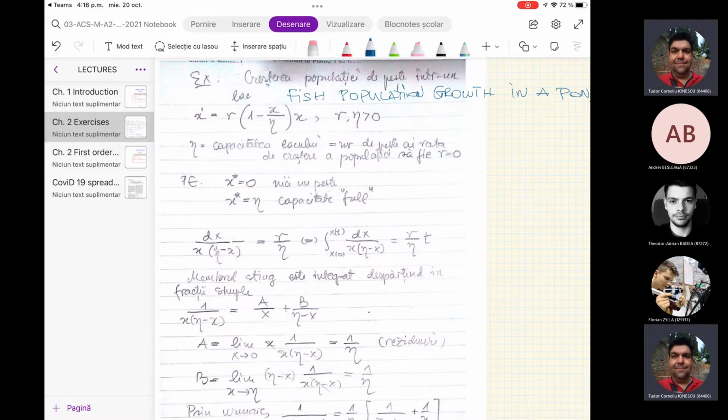Can you see a similarity between this and the Riccati equation we discussed earlier? Can you see that? The Riccati equation earlier was x squared minus x is x dot.